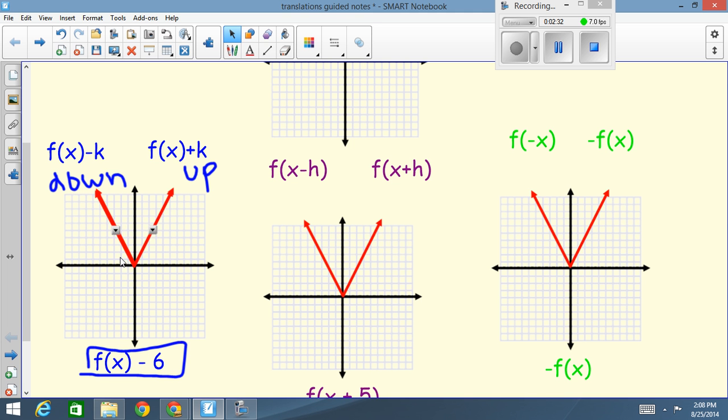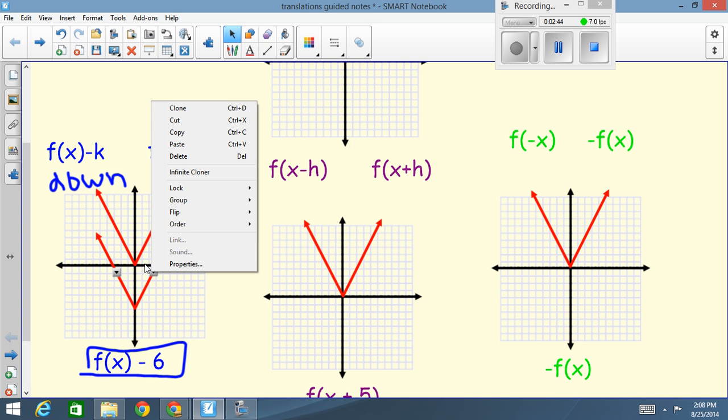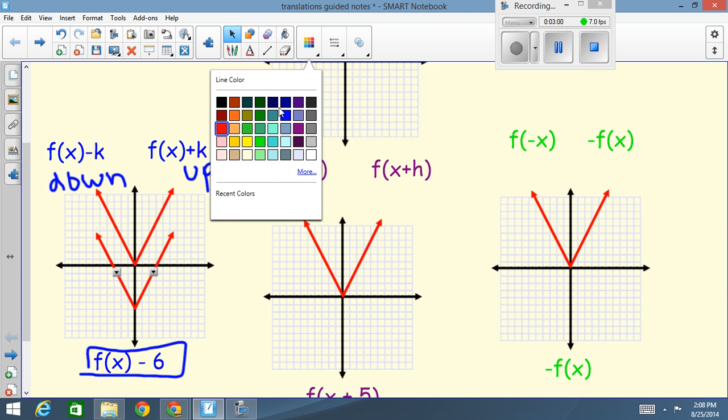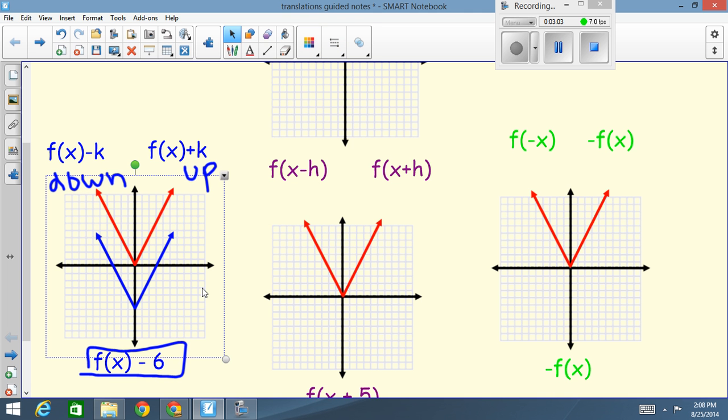Because of the minus 6, I'm going to go down 1, 2, 3, 4, 5, 6 units. And I'm going to make these lines blue so that we can distinguish between the original and the one that has been translated down.